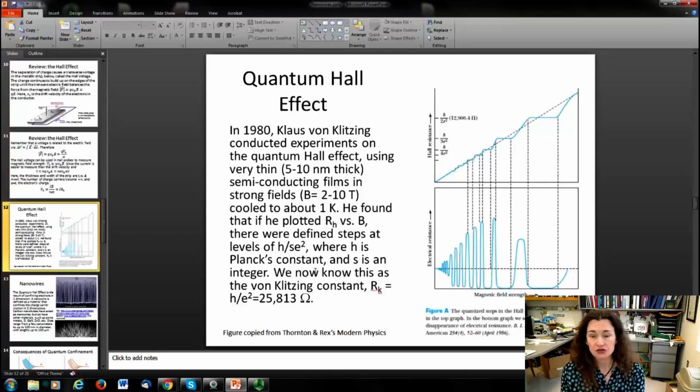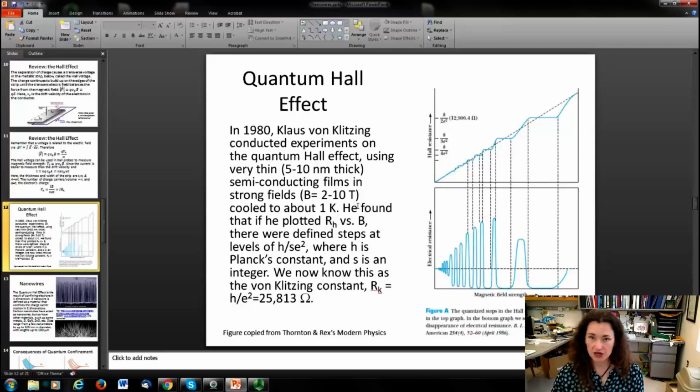Basically, this was showing that instead of a continuous value of the resistance, which you would expect from V equals IR, Ohm's law, you get quantized values under certain conditions where you have these very thin films, high magnetic fields, and low temperatures.